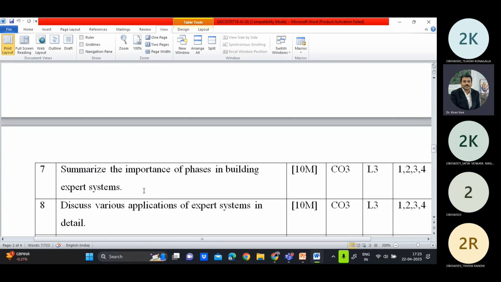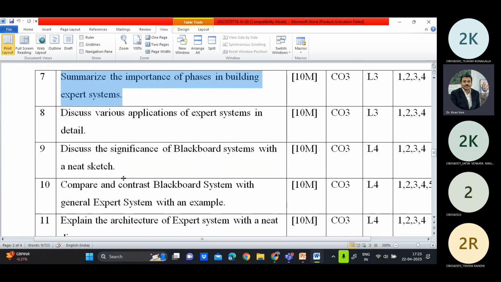What are the important phases of expert systems you can write. What are the various applications of expert systems: you can write about MYCIN or any weather prediction system or any stock market prediction system in detail or elaborately, whatever it may be.